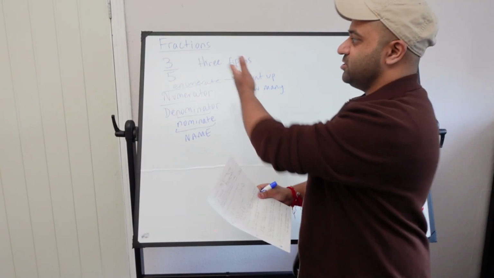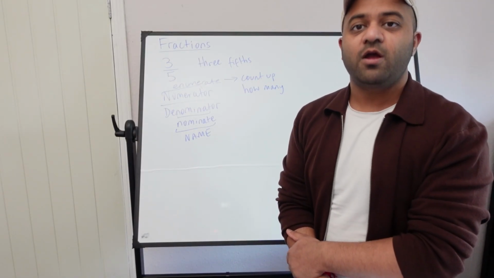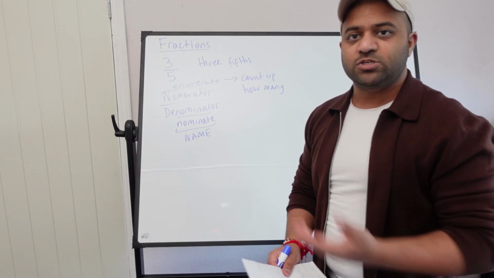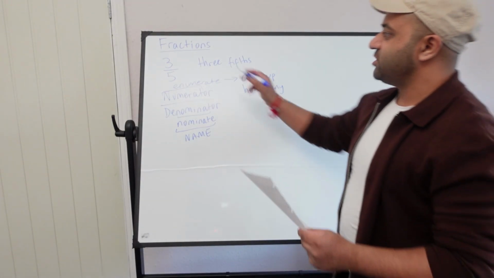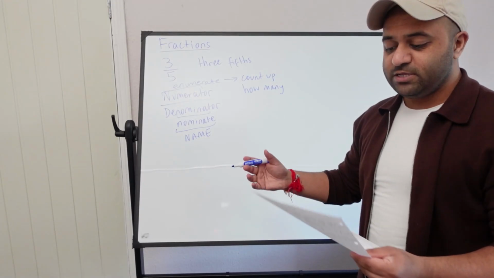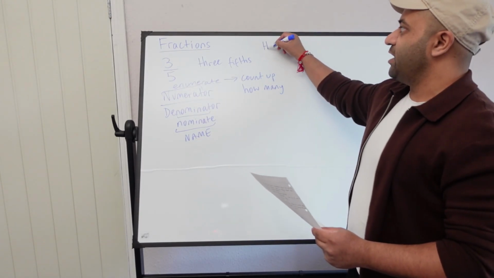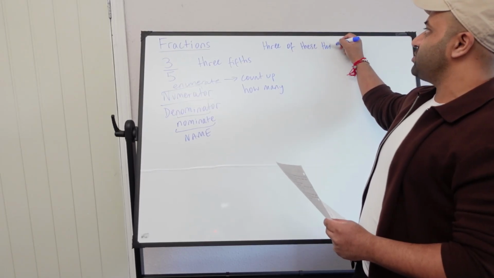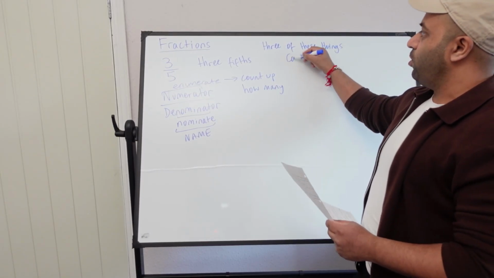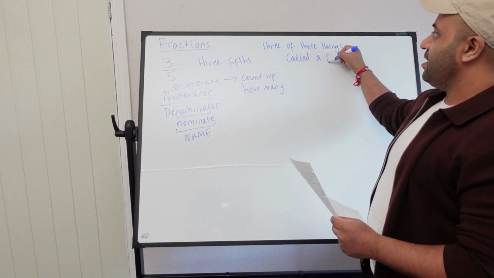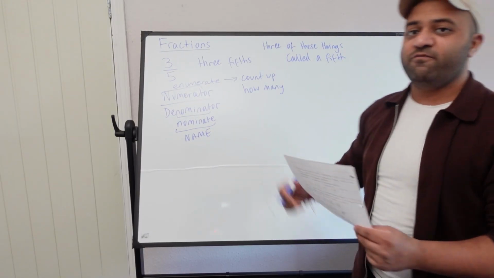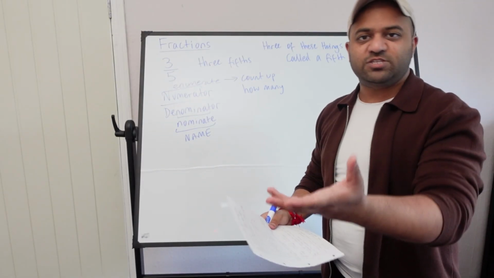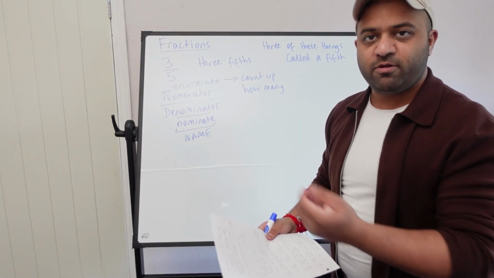So going back to this fraction, 3/5. In full, we could refer to it like this. Instead of 3/5, it really means we have 3 of these things called a fifth. So 3/5, or 3 of these things that we call a fifth.